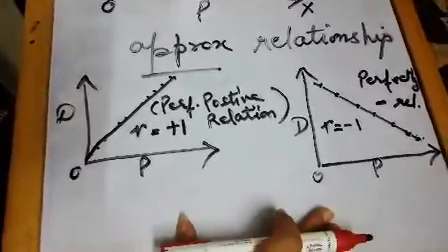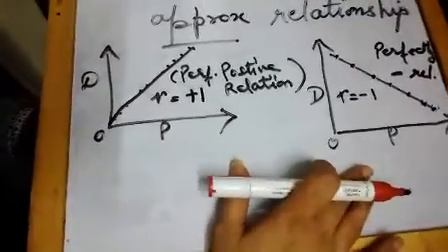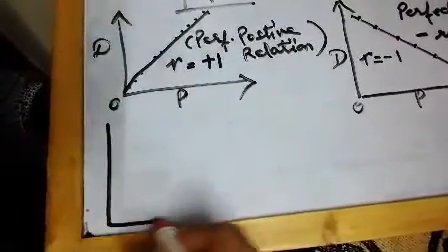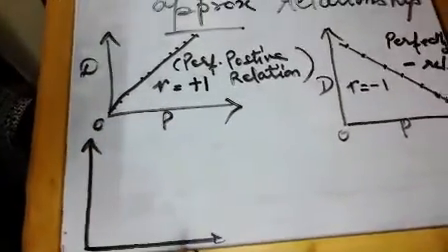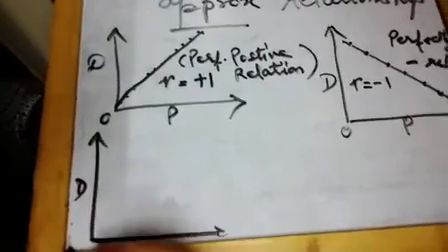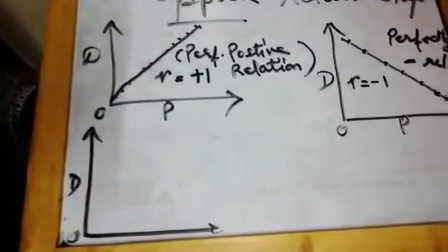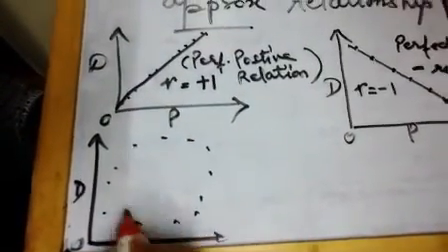So these are the two most important diagrams. Other diagrams which we can obtain, the third type of diagram: on the x axis we are taking the price, and on the y axis we are taking the demand, and this is the origin point. When we plot the diagram, a number of points are given to us like this.